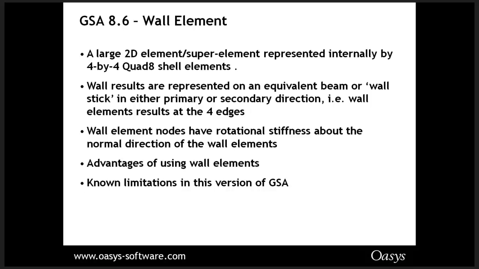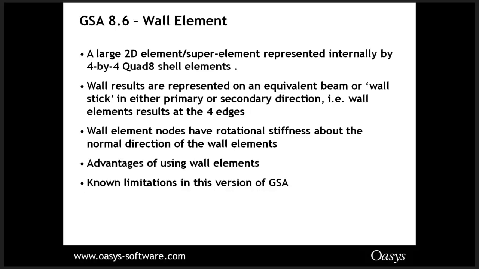Another advantage of using the wall element is the rotational stiffness about the normal direction of the wall element. We know that normal 2D elements, shell elements, normally don't have rotational stiffness about the normal direction of the 2D element.